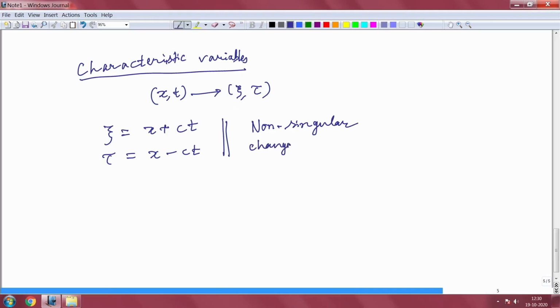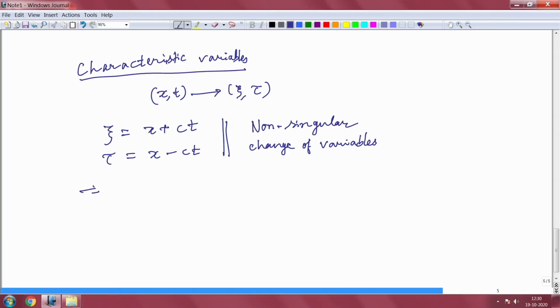If you compute the Jacobian, you see that it is non-zero everywhere. So this helps us go from one coordinate system to another.